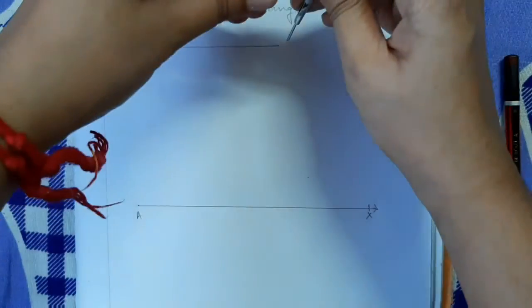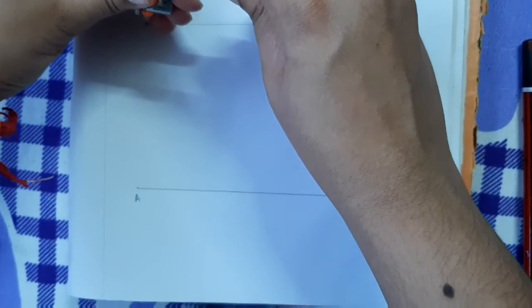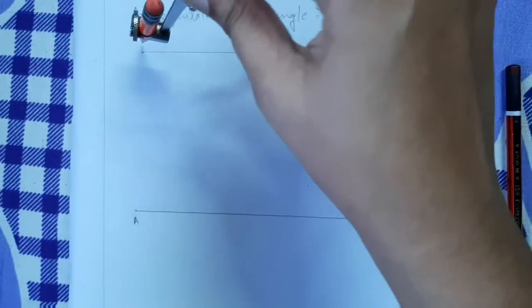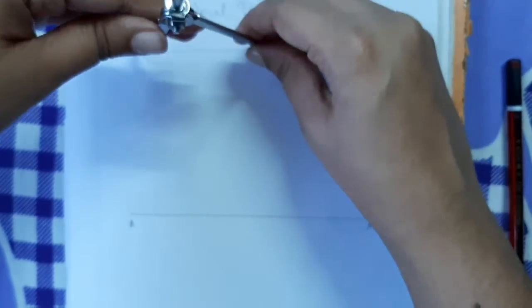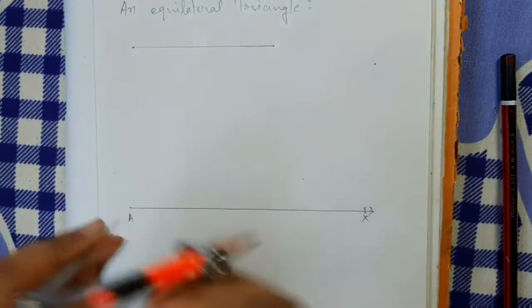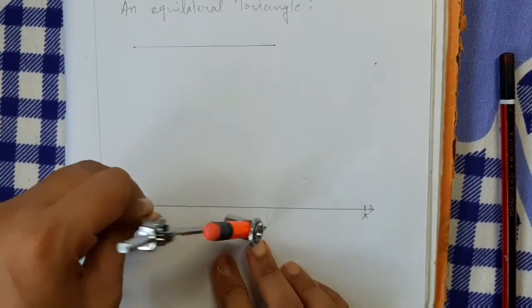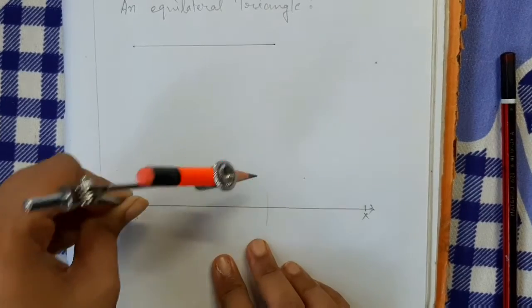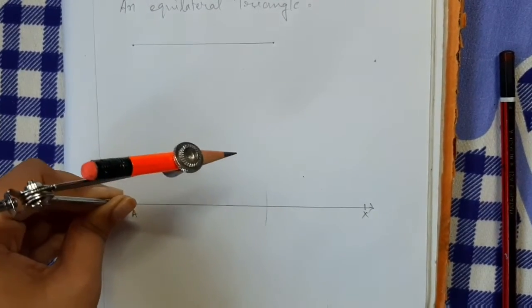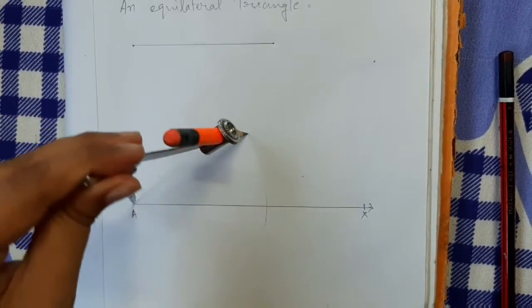Now measure this 7 cm with the help of compass. Okay, measure the exact length with compass, and taking A as center, cut that length from AX ray. Now without changing this radius, cut an arc in the upper side.